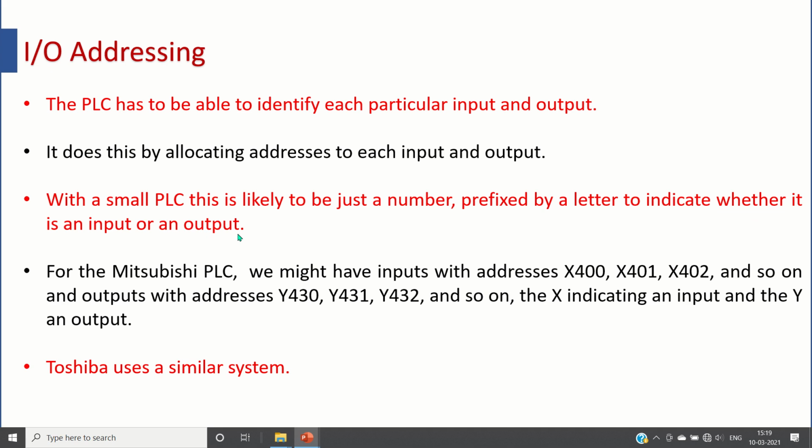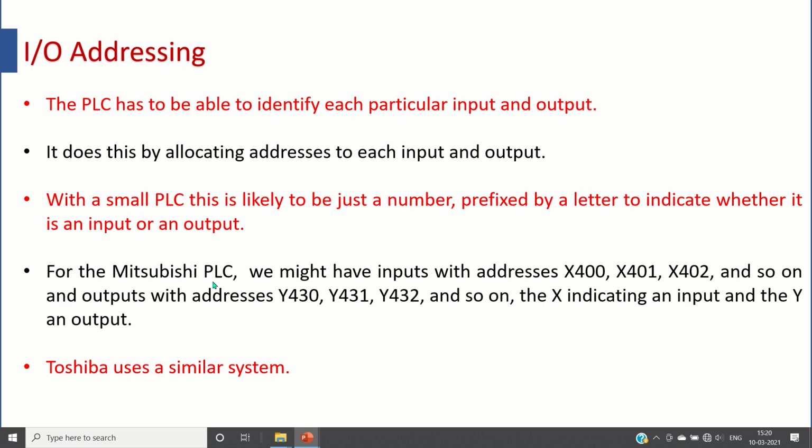So for a small PLC, it can be I0, I1, I2 like that. If I use I0, I1 like this, then there will be only 9 input or output channels. So normally with small PLCs, I01, I02 is given like that, and it can go up to I99.